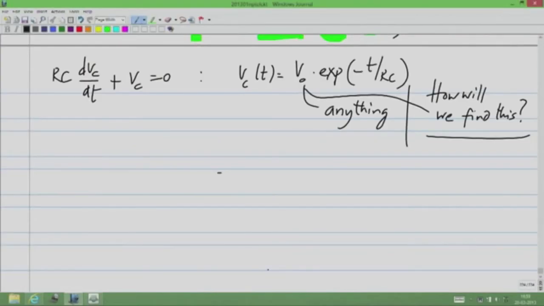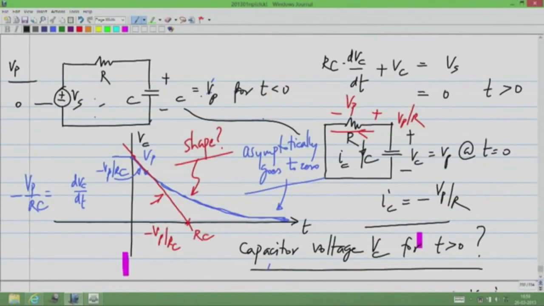So now we know that the shape of this blue curve here is of the form of V naught exponential minus t by RC.